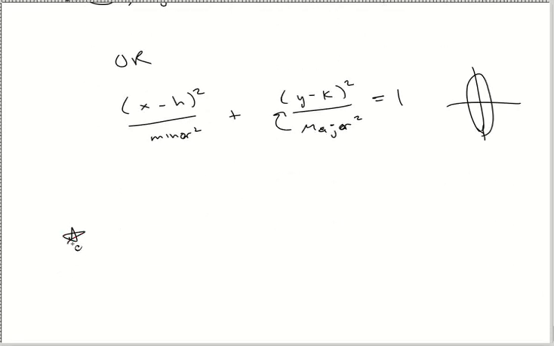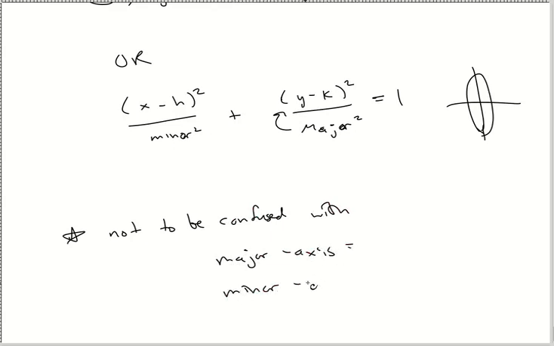One last note, just because my way's a little different than the books. This is not to be confused with major axis and minor axis. Now I'm going to use major and minor all of the time. Been doing it for years. But when they say major axis, they're actually saying 2 times your major.